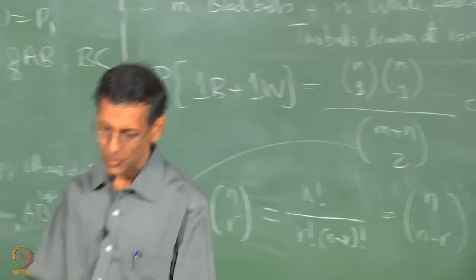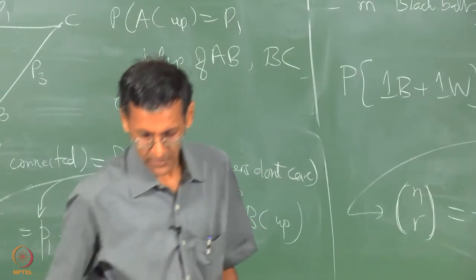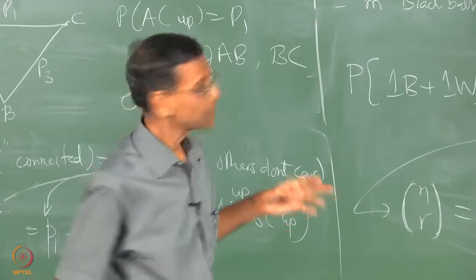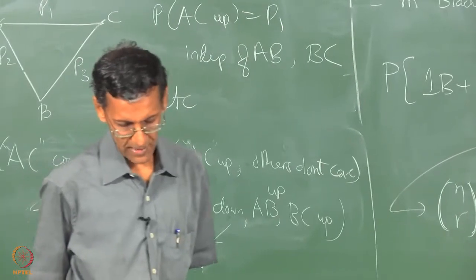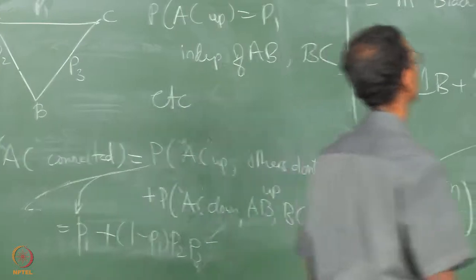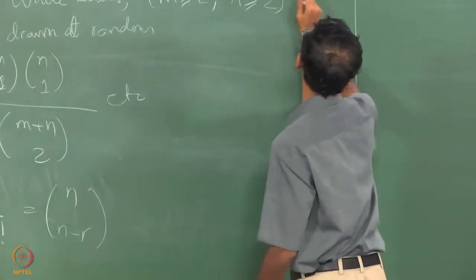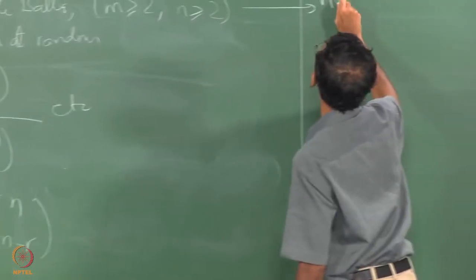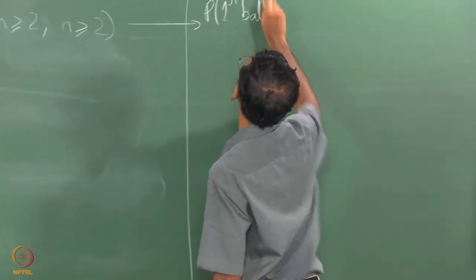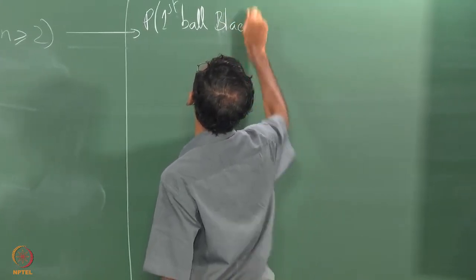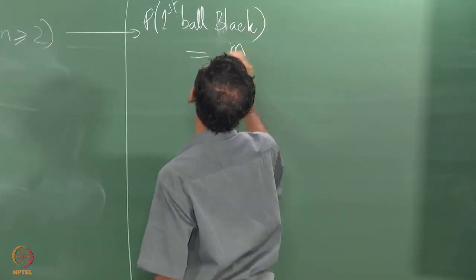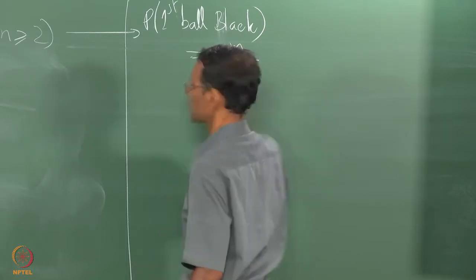One more interesting point we can make is this: what is the probability of the first ball itself being black? It's m by m plus n, right? This I don't think anybody will complain about.